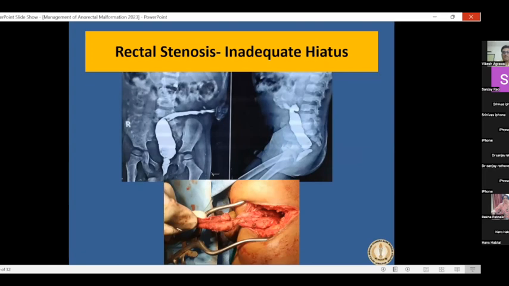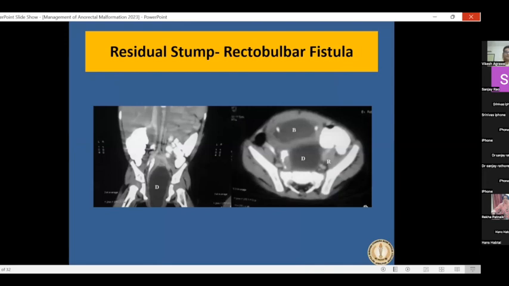But as we encountered a few cases of rectal stenosis because of a narrow hiatus, we have now adopted a policy of two-finger dilatation. After dilating up to a 12 number dilator, we put two index fingers inside and slightly stretch the levator, and that avoids this complication, which we found very common in our early experience.